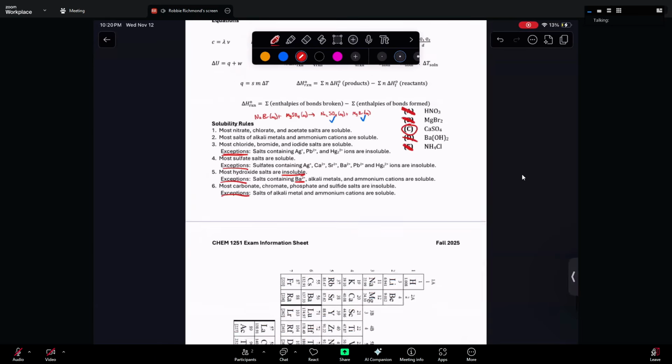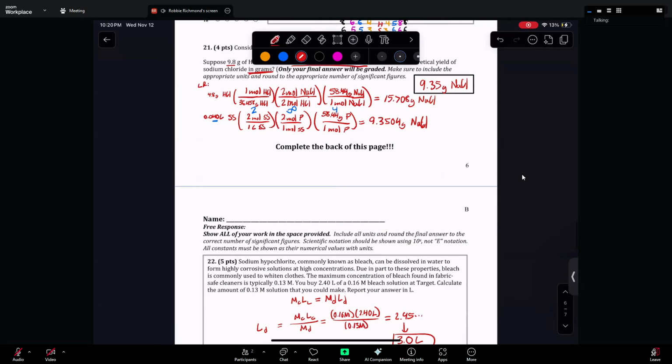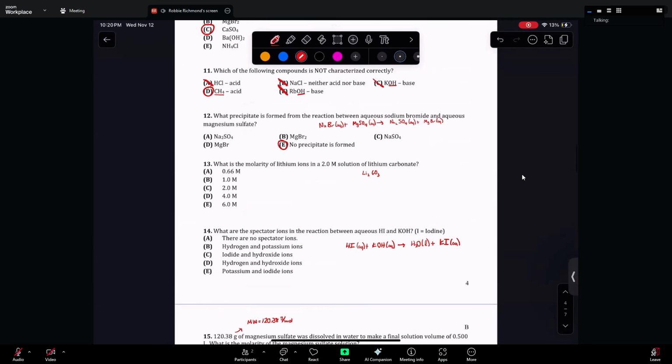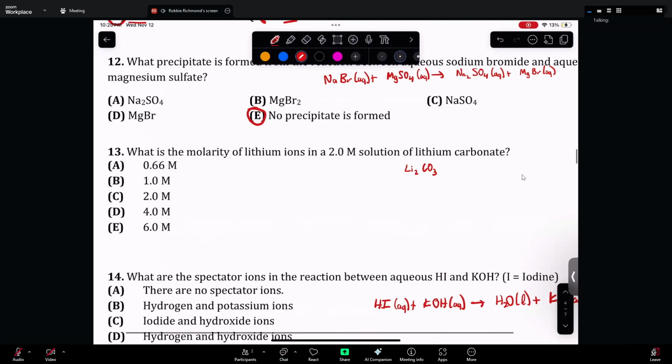And since lithium is an alkali metal, it's going to be soluble. Since in 1 mole of lithium carbonate, there's going to be 2 mole of our lithium ion.